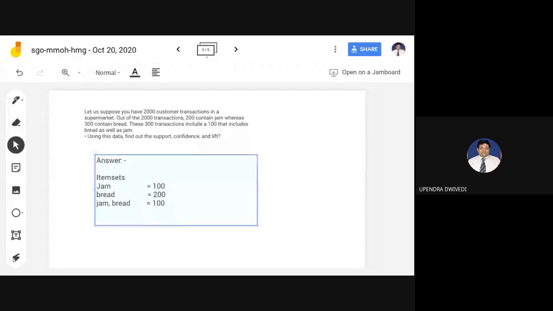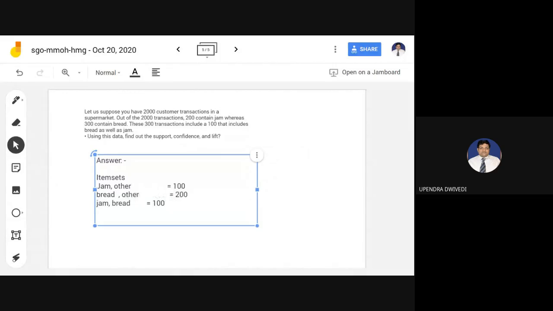So if jam and bread is of 100 transactions, then the 100 transactions left, which have the jam and other items, can have only jam or other items. And again, it can also include bread and other items.